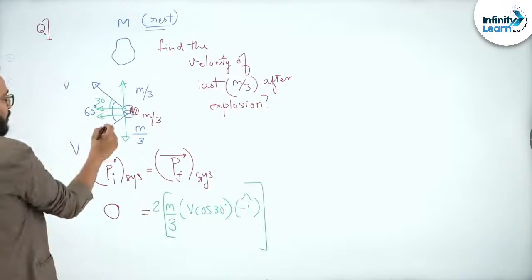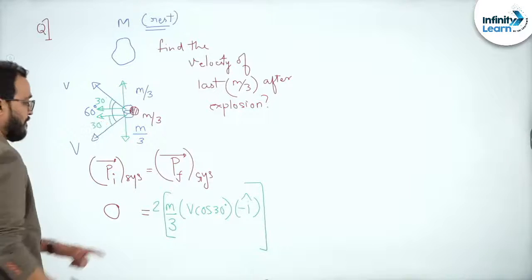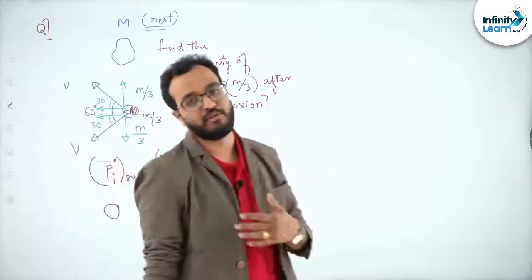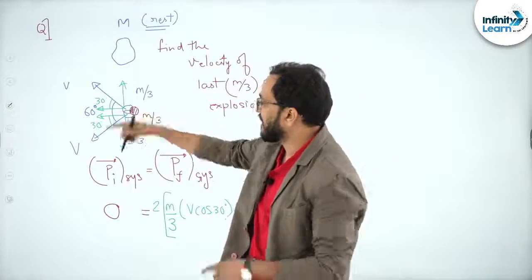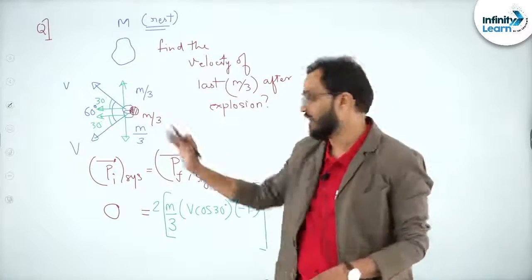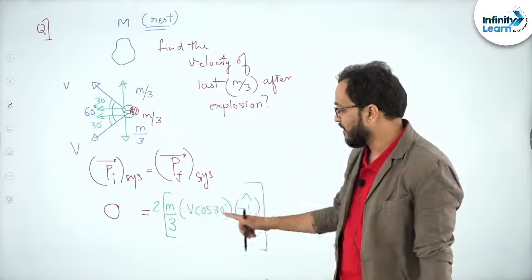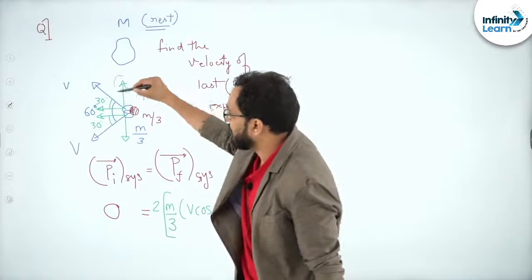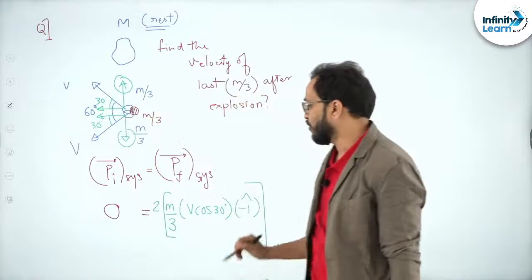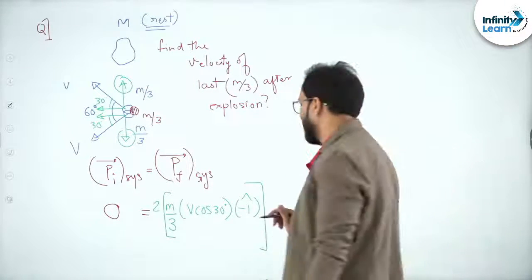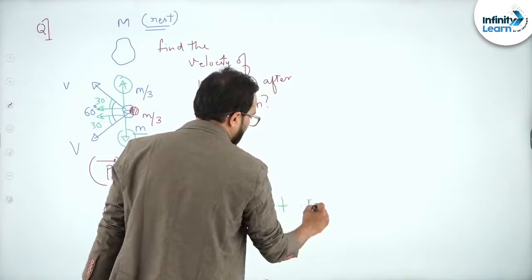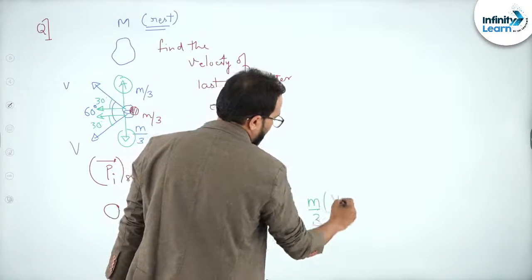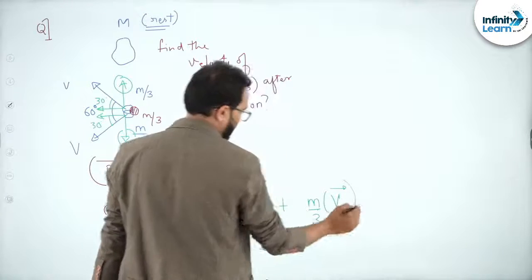Because both these 2 fragments are having the cos component in the same direction. That is why I am saying 2 times m/3 v cos 30 degrees minus I cap. Now you can clearly see that the other 2 components will get cancelled out, so no need to even add them. After this I can say plus m/3 times velocity vector v3, let's say.